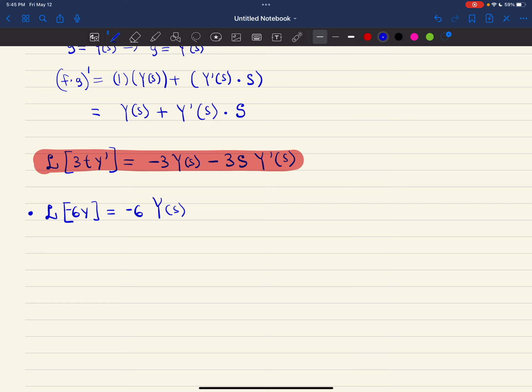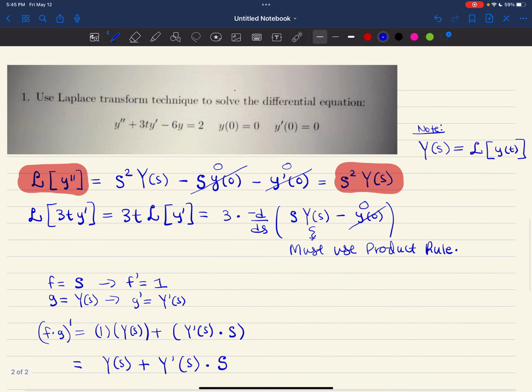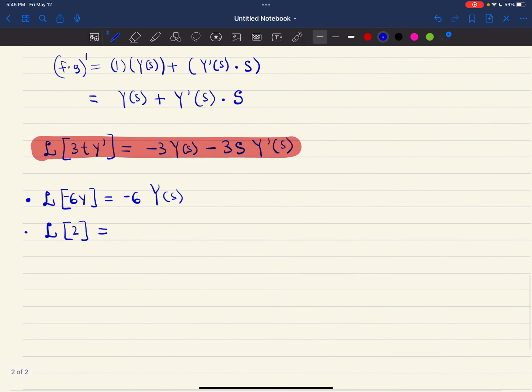And then the last step we have is Laplace of 2, because we have 2 here. That is the same thing as saying 2 times Laplace of 1. I guess that's a little bit easier to figure out.